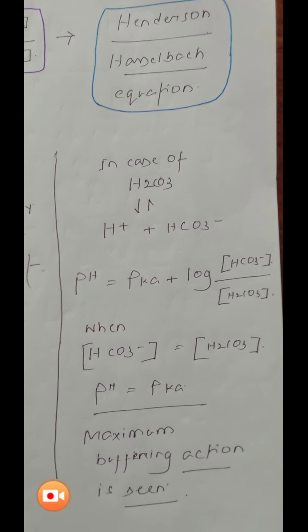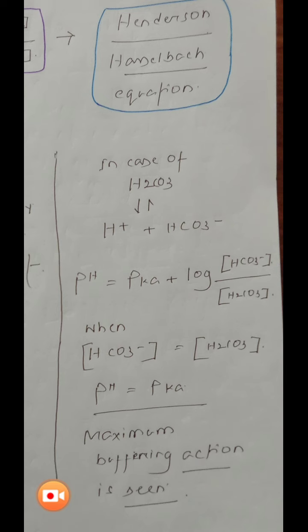From the Henderson-Hasselbalch equation, pH equals pKa plus log HCO3 minus concentration, that is anion concentration, divided by acid concentration. So when HCO3 minus equals H2CO3, then pH equals pKa.